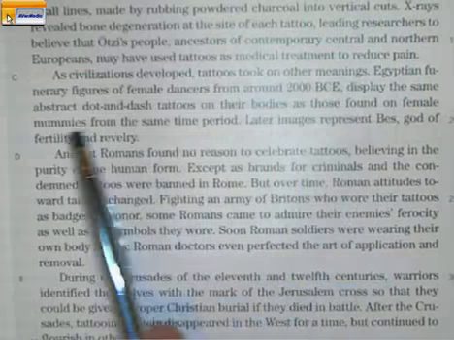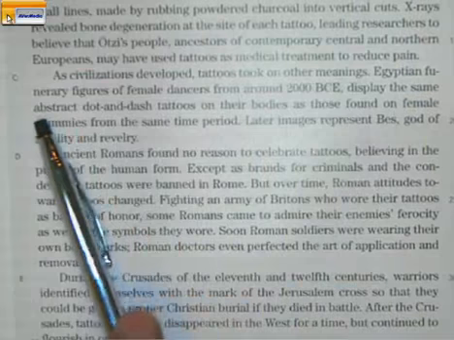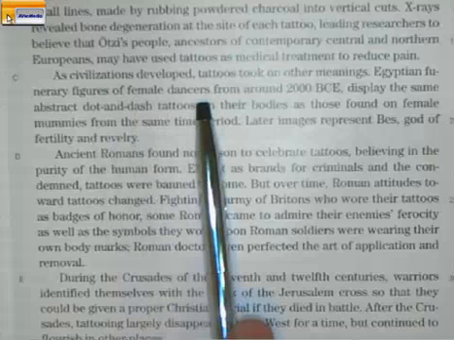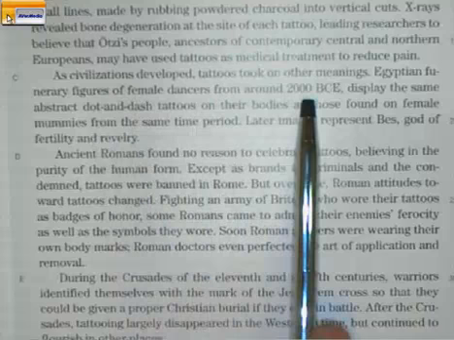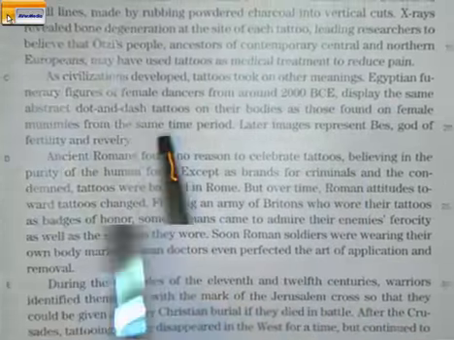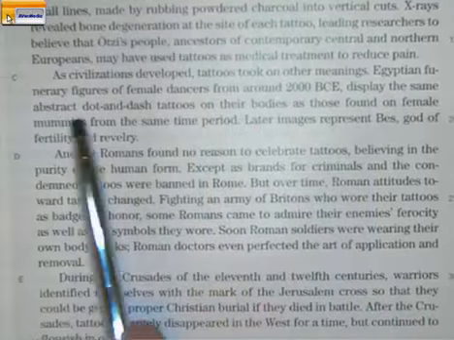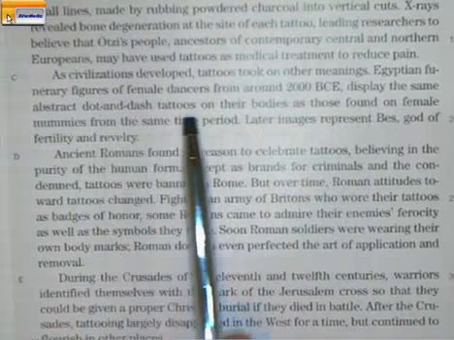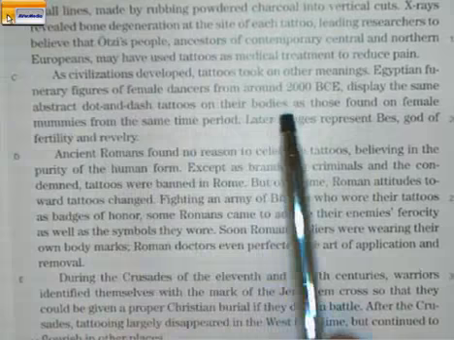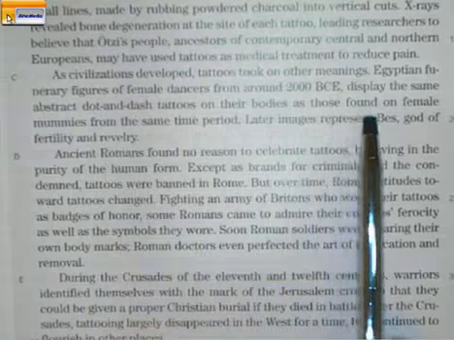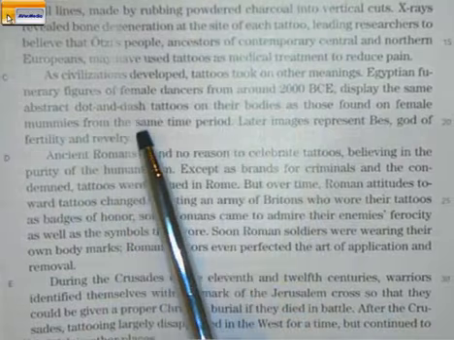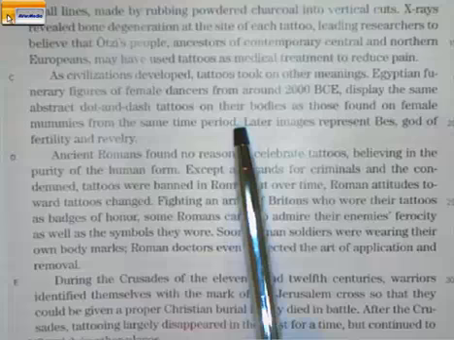Egyptian funerary figures of female dancers from around 2000 BCE display the same abstract dot and dash tattoos on their bodies as those found on female mummies from the same time period.